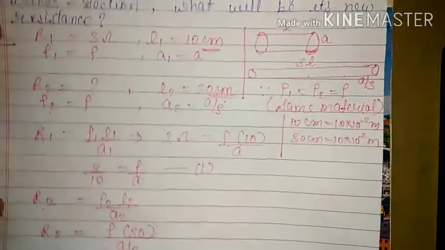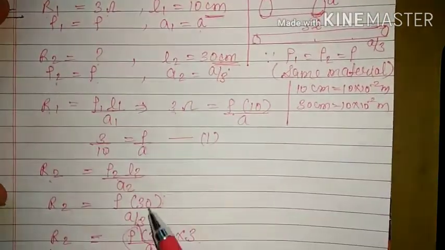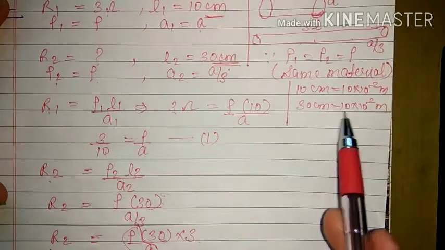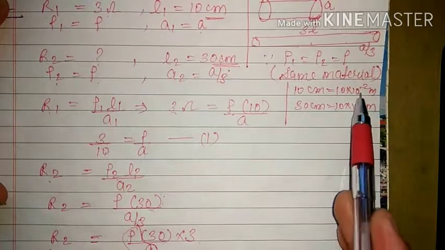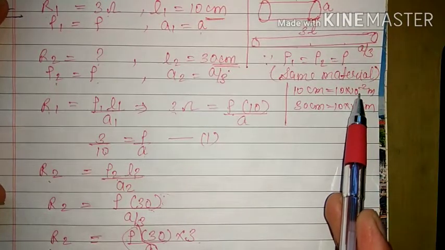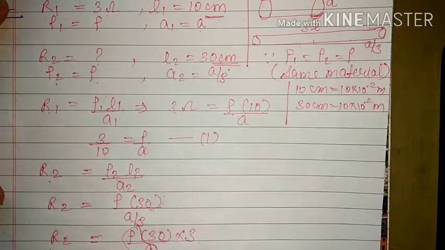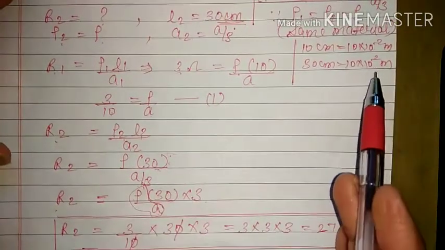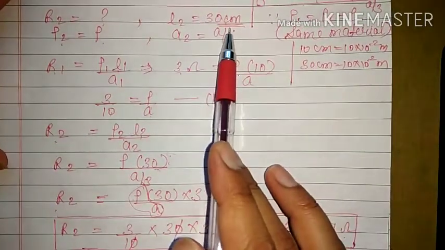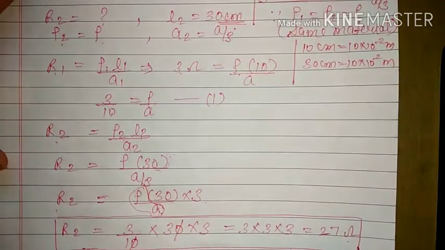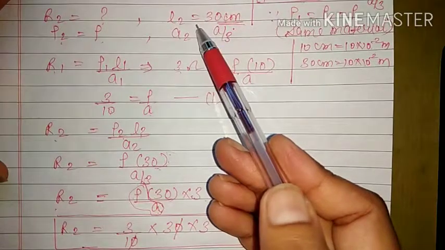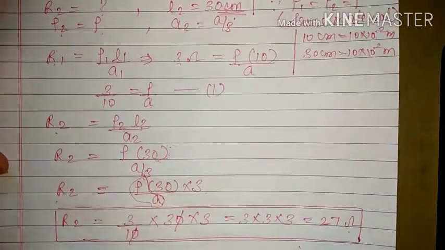Then also we will get the same answer, because the same quantities will cancel out each other. 10 raised to power minus 2 will cancel out 10 raised to power minus 2. So ultimately we are going to get same answer. If you want to calculate it like that, you can convert it into meter and then calculate both the resistances. That means one resistance is already given, and with the help of first resistance, we have to calculate second resistance.